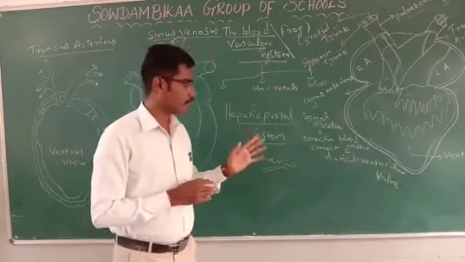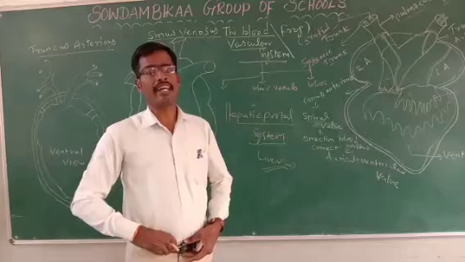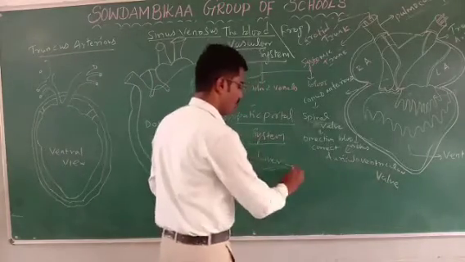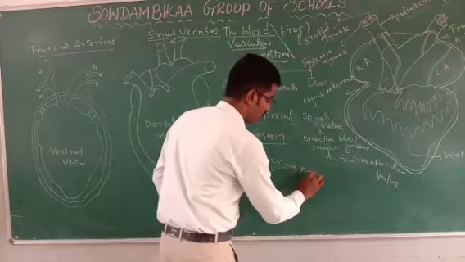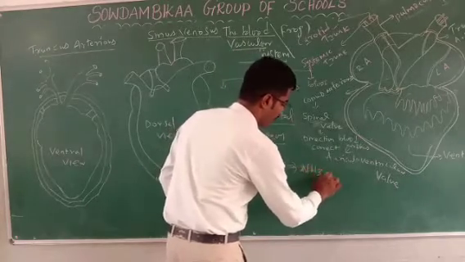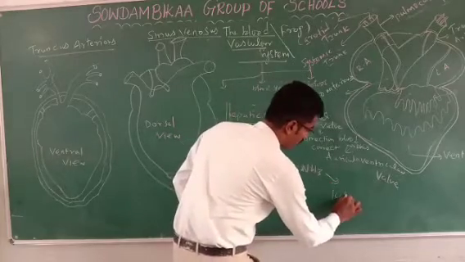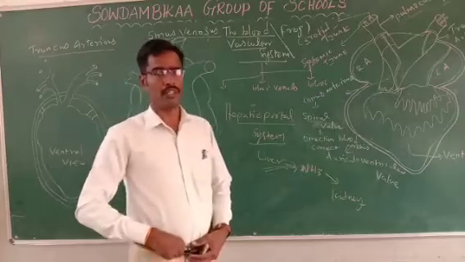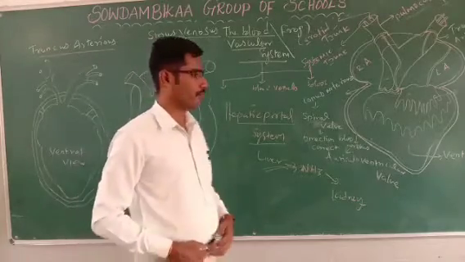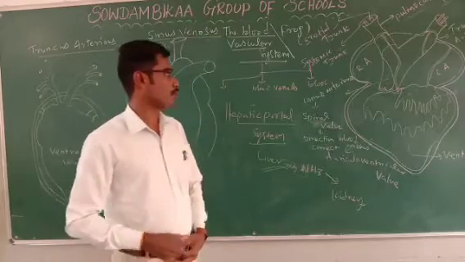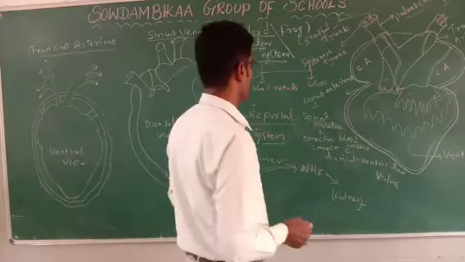Then the toxic ammonia in the liver is converted and passed to the kidney, and finally the ammonia is eliminated in the urine. So the frog has a hepatic portal system and also a renal portal system.